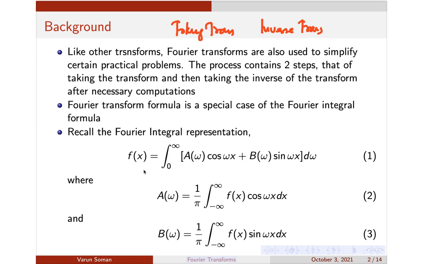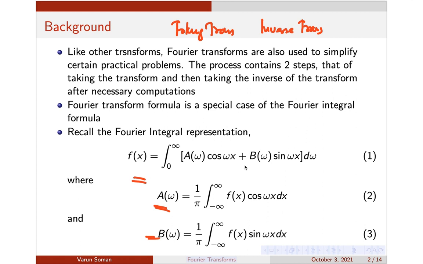In the Fourier integral, we will just substitute the values of a(omega) and b(omega) into the definition of the Fourier integral of f(x). So the integral will have f of x, cos omega x, and cos omega, so it will be cos of cos and sine of sine.